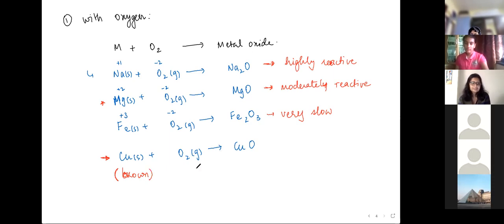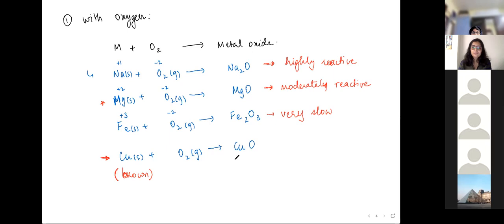Brown color. Slightly bronze color. Like a brownish, orangish, bronze color. Bronze is made up of copper. When you burn it, the color of copper oxide is black.